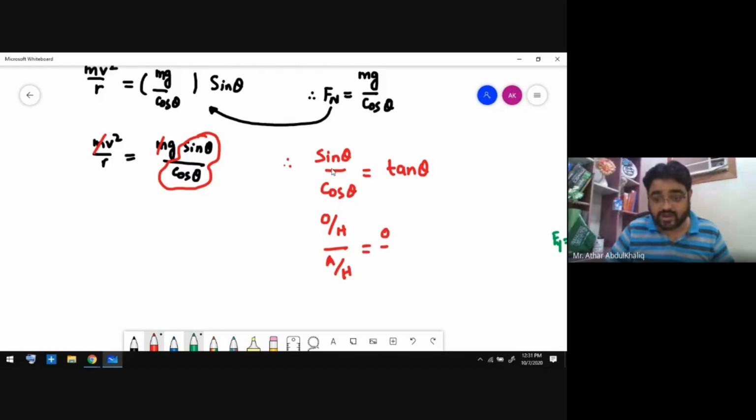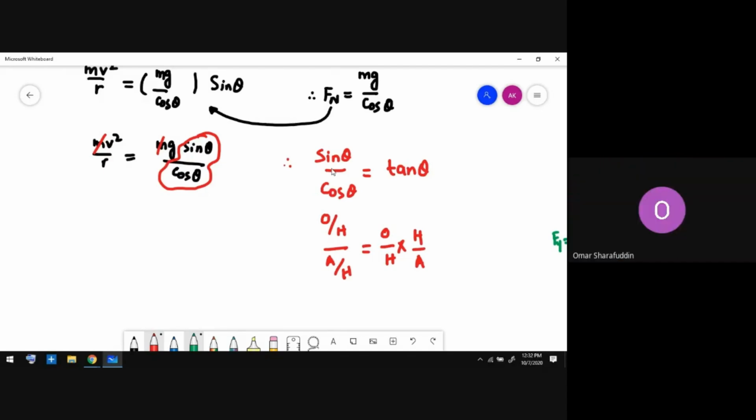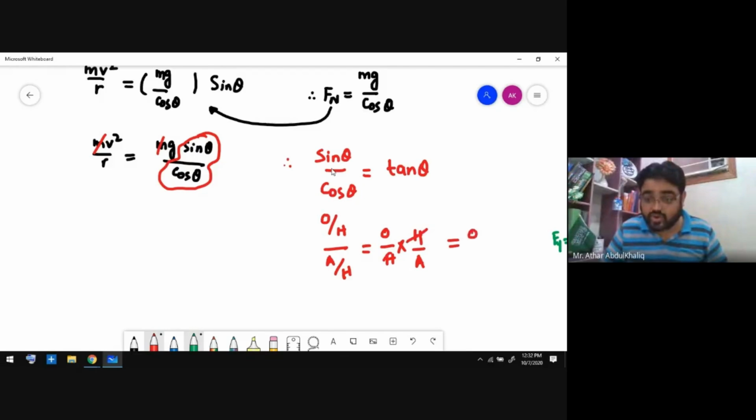When you simplify it, it is opposite over hypotenuse times hypotenuse over adjacent, because when you divide fraction over fraction and multiply, it becomes the reciprocal. A over h will change into h over a. So h cancels, it becomes O over a, opposite over adjacent. What is opposite over adjacent? Tangent. You remember SOHCAHTOA?